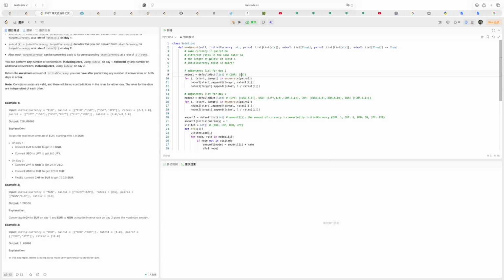It will be USD with rate 2, and then we'll have USD converting to euros with rate 0.5, and then USD also has JPY, sorry, JPY with the rate 3, and JPY has converting to USD, which has the rate 1 divided by 3.